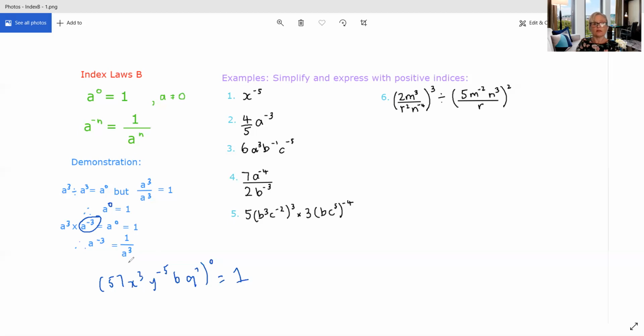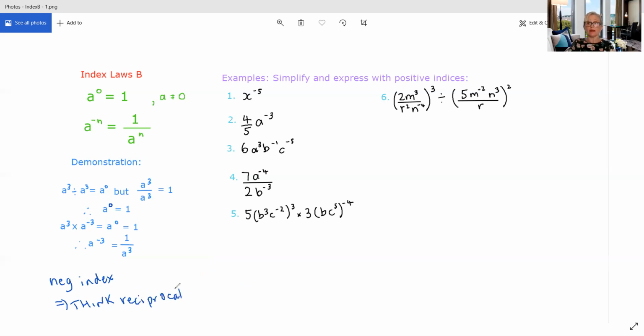So what I'd like you to think about from now on is negative index, think reciprocal. If you have a negative index in a numerator, that's the same as a positive index in a denominator. If you have a negative index in a denominator, that's the same as a positive index in a numerator.